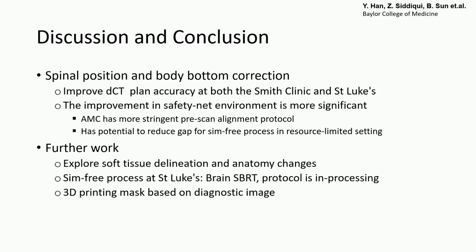That means the technicians spend more time to align the patient positions. So use my fist example: from the fist to extending the hand is Smith Clinic, and for Baylor St. Luke's, it's more like my hand is already relaxed, and then I predict what it looks like when extended. The geometric difference between these two cases is very different.